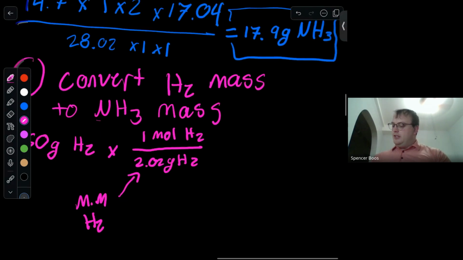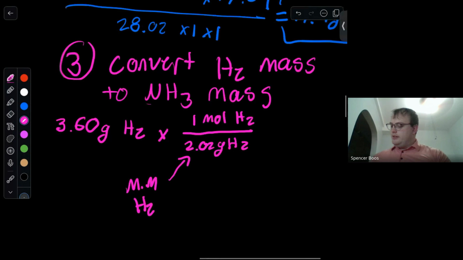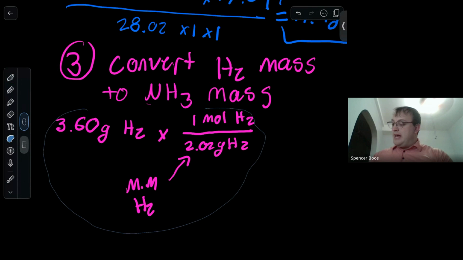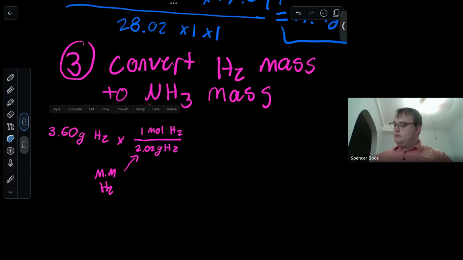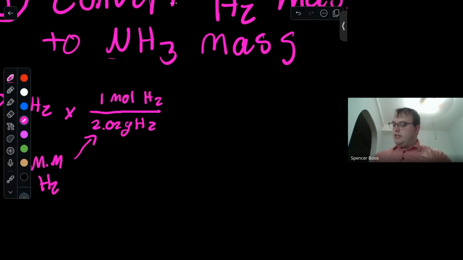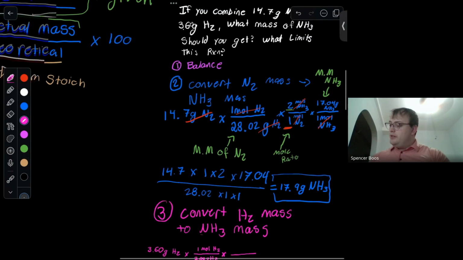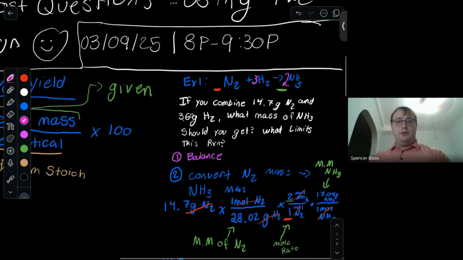Now, if we follow our same kind of pattern here, our next step is to use the mole ratio. Now, to do this again, we look up here at our balanced chemical equation.